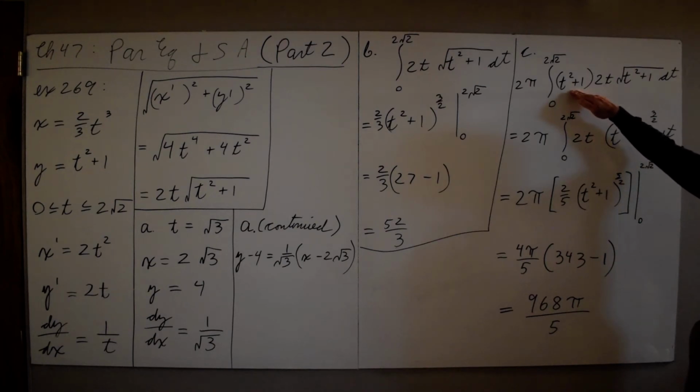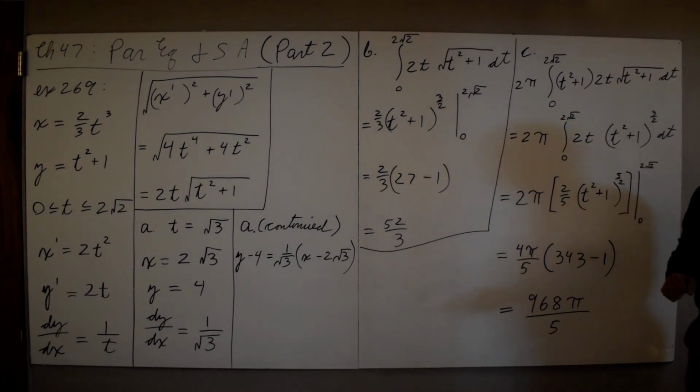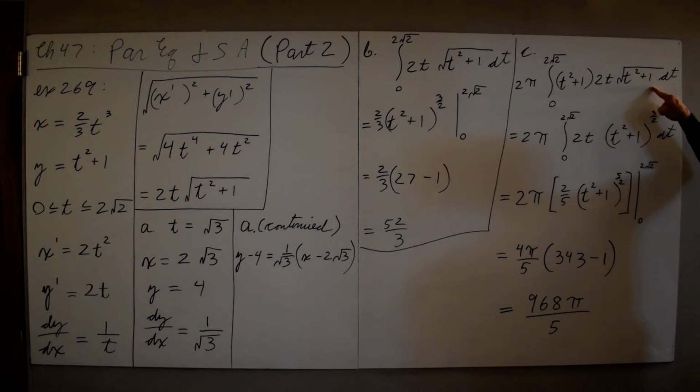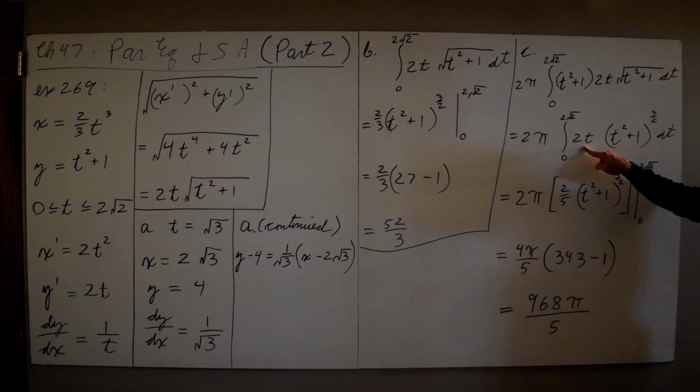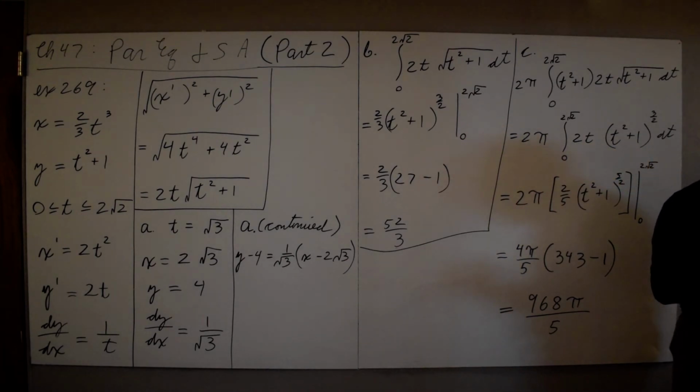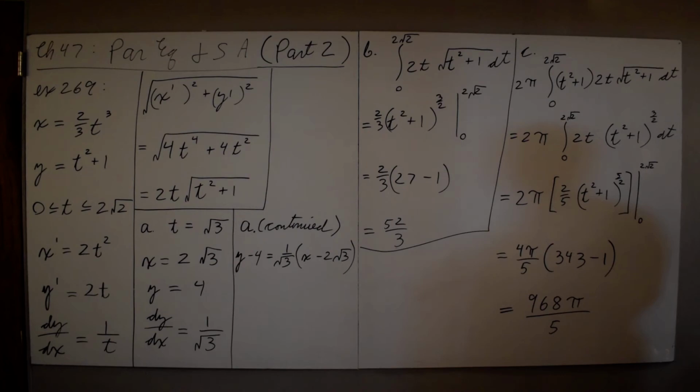So now we multiply by y, and this simplifies nicely. So the t squared plus 1 times the square root of t squared plus 1 is simply t squared plus 1 to the 3/2 power. We have our 2t, and again the derivative of t squared plus 1 is 2t, so that again makes a fairly straightforward substitution.